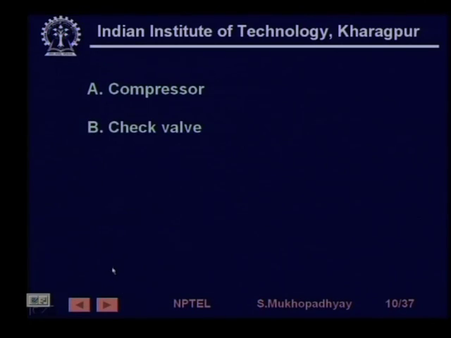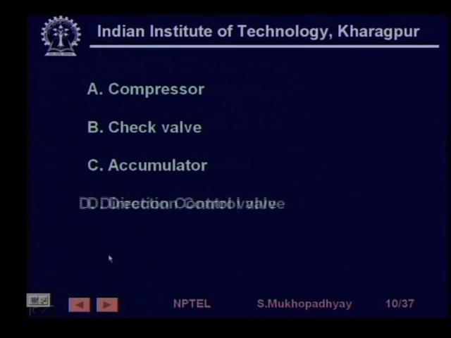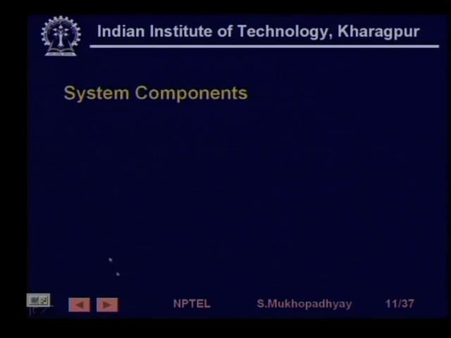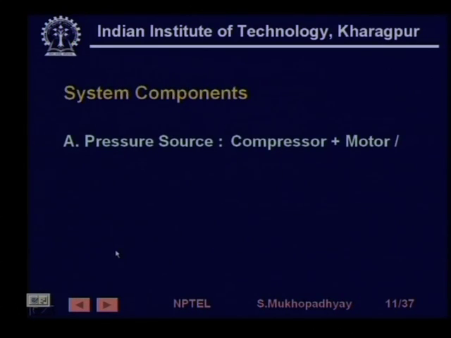So, A is the compressor, B the check valve, C the accumulator, D the direction control valve, and finally E is the actuating cylinder or actuator. Now, in system components, the compressor is the pressure source. Sometimes you can have a linear air cylinder, or sometimes you can also have a pneumatic motor. Reservoir or accumulator.